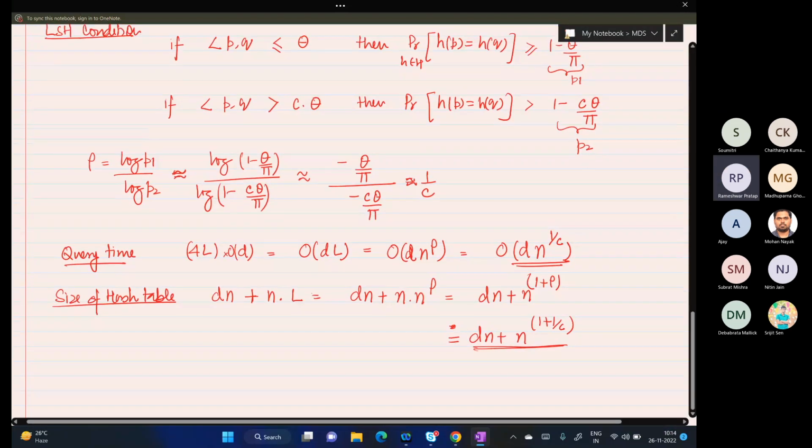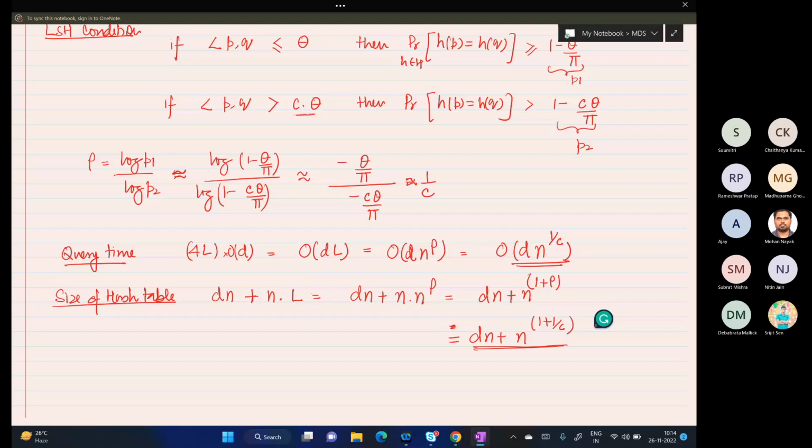Any idea what c is here? C is 1 by rho. Yes, that is true, but looking at these two statements, c determines the region in which our algorithm doesn't provide any guarantee.